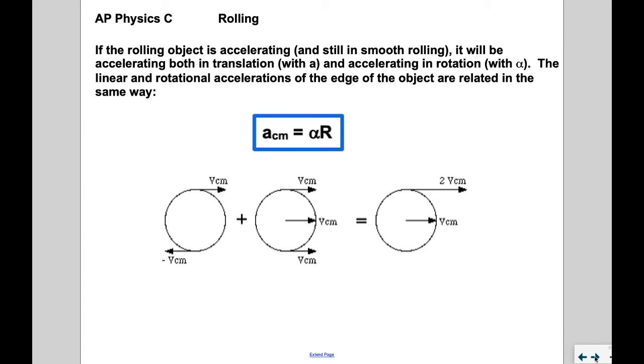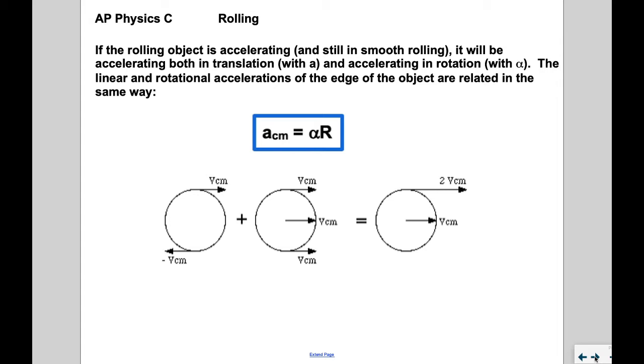If the rolling object happens to be accelerating, and again, still smooth rolling with no motion between the object and the surface, it'll be accelerating in translation, with linear acceleration a, and it will have an angular acceleration alpha. The linear and rotational accelerations are related in the same way.